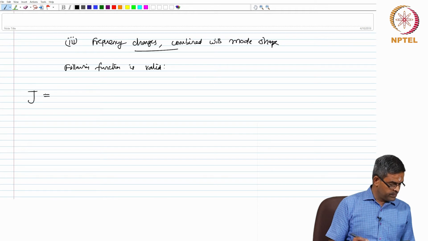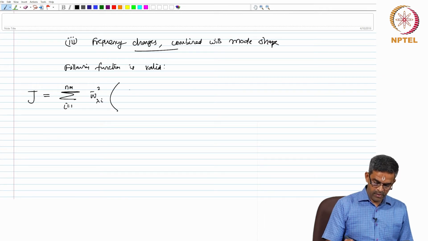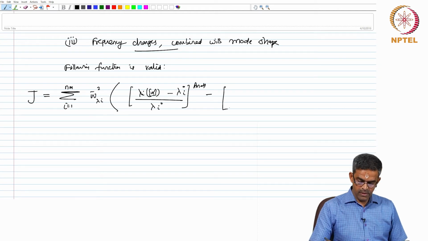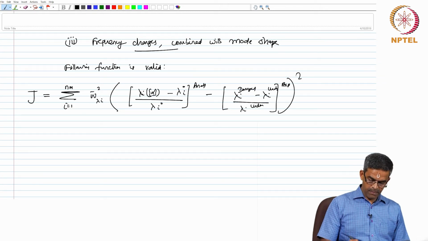J equals the sum of i equals 1 to nm, W bar lambda i square, of lambda i alpha minus lambda i analytical, minus lambda i damaged minus lambda i undamaged by lambda i undamaged, experimental, square, plus.